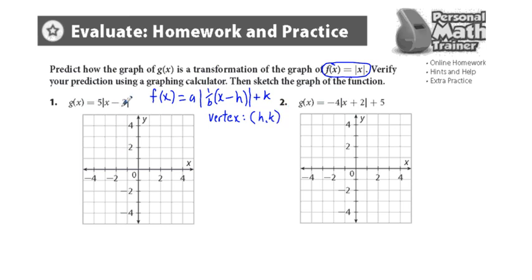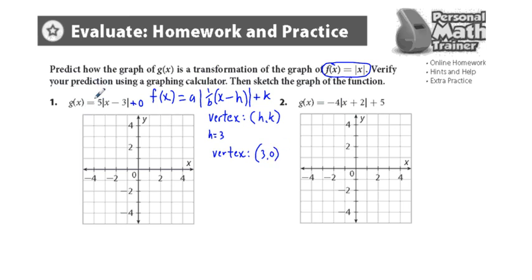And in this case, you don't have a k for problem 1 because this is plus 0. You don't have a k to the right. And so in this case, h is equal to 3. So therefore, for this one, the vertex is going to be the coordinate pair 3, 0.